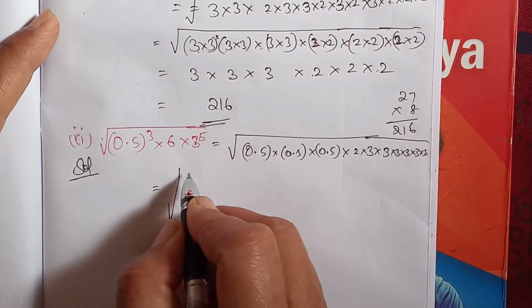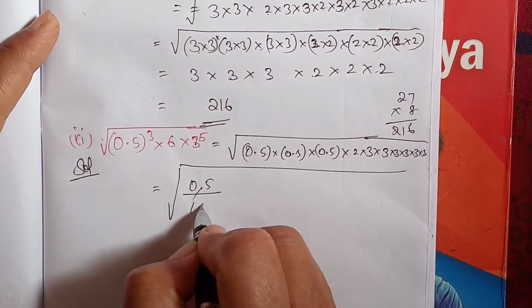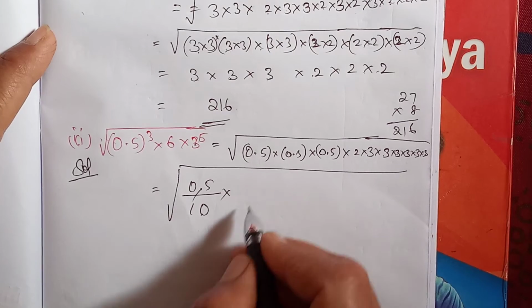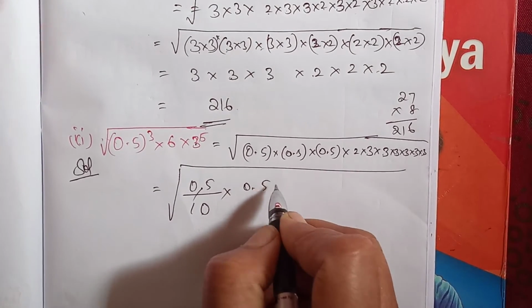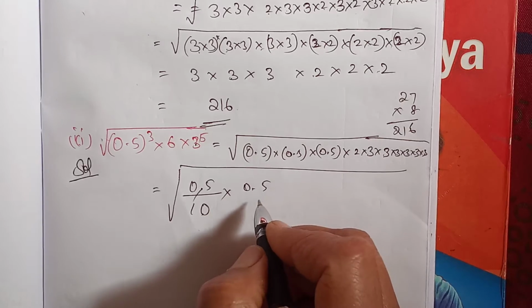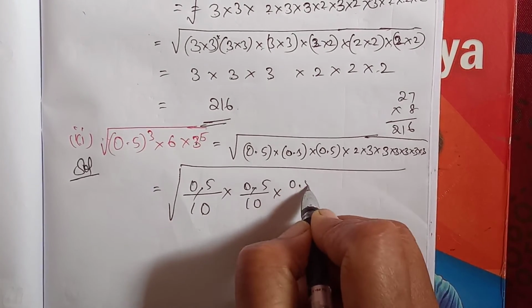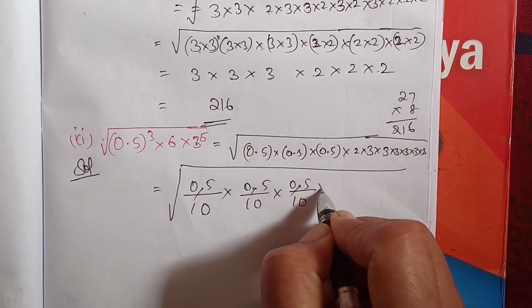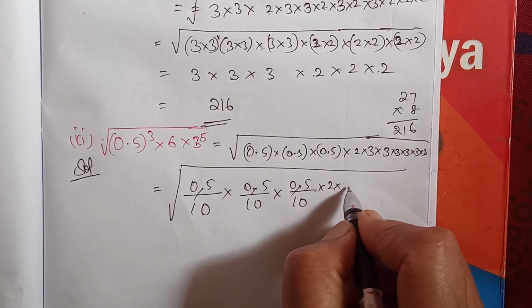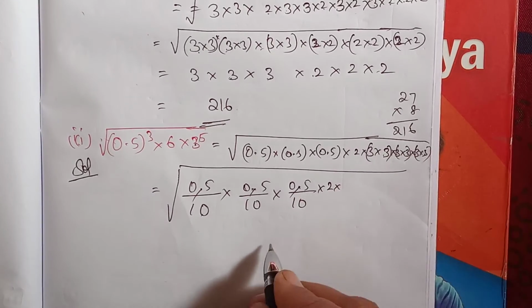Yes, next, removing 0.5, I am writing as 10, and 0.5. It will become very big, but even though we will try to solve in an easy way. So 2 into, so we can make them in bracket.